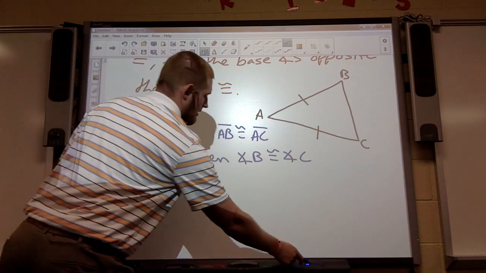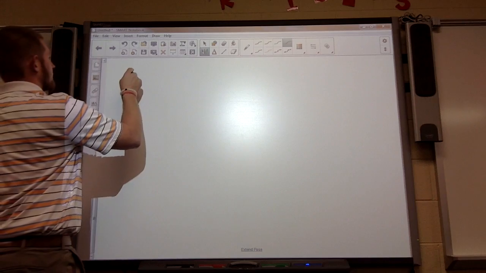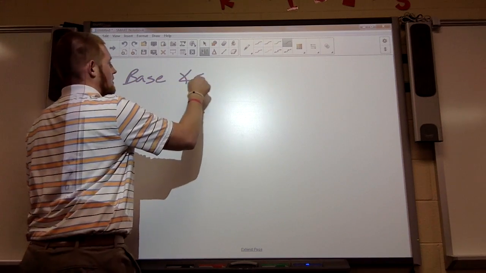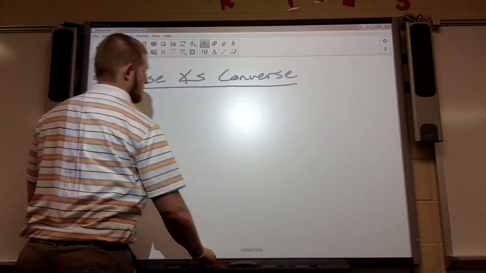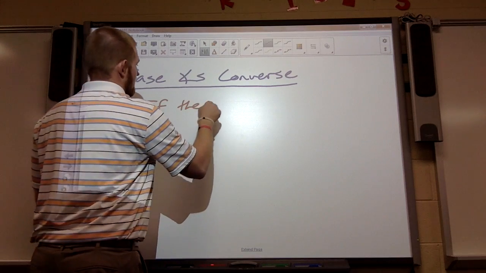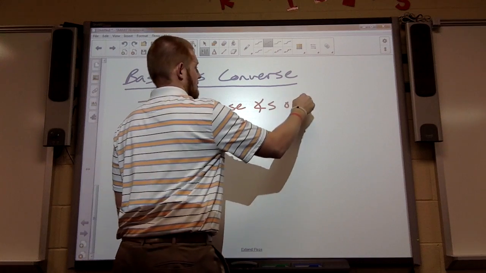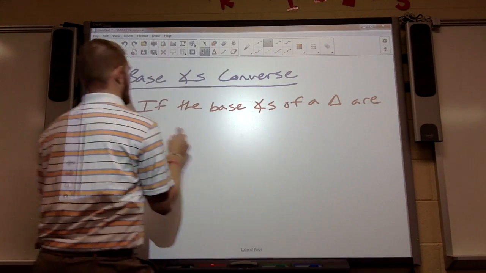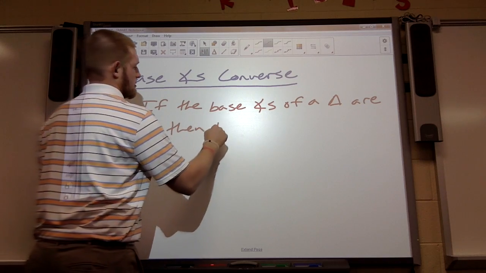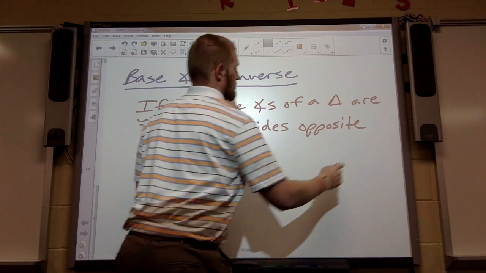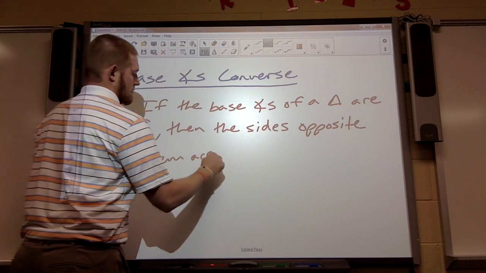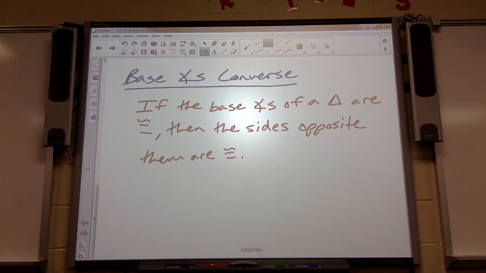Okay. Now, we also have a base angles converse, which says if the base angles of a triangle are congruent, then the sides opposite them are congruent.